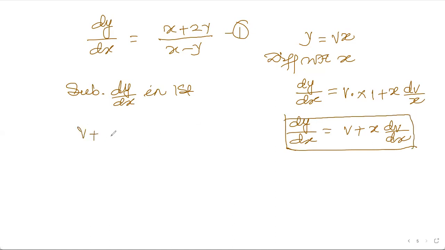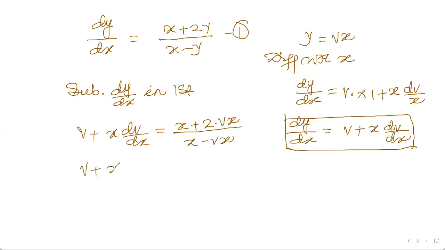See, v plus x dv by dx is equal to x plus 2 into vx for y, upon x minus vx.